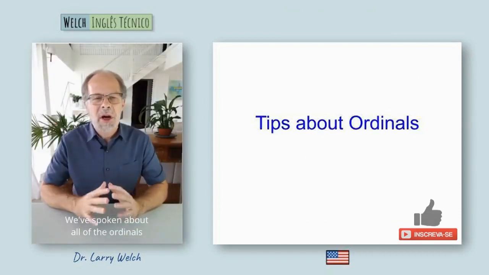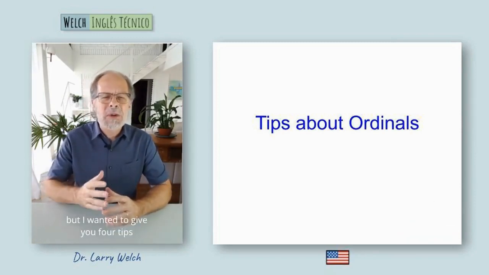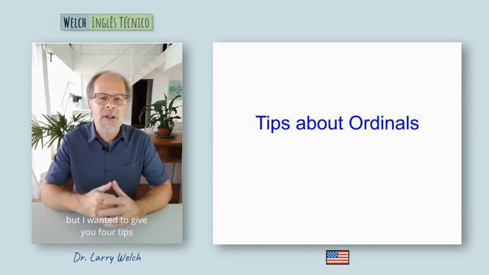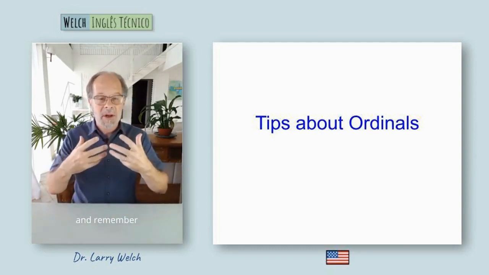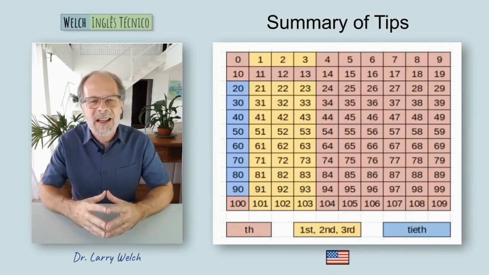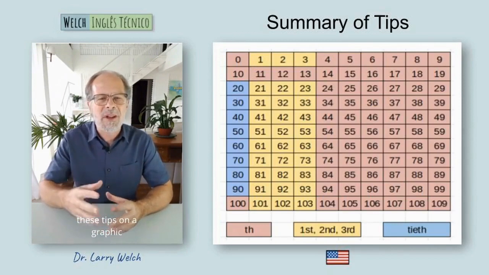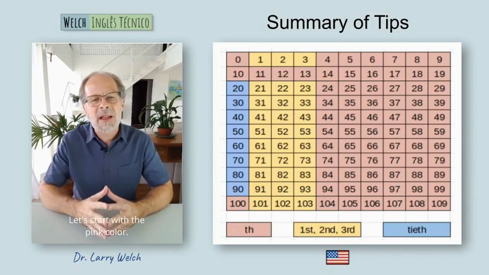We've spoken about all of the ordinals for this lesson, but I wanted to give you 4 tips to help you think through and remember the ordinals. I've represented these tips on a graphic, and you'll see 3 colors there. Let's start with the pink color.